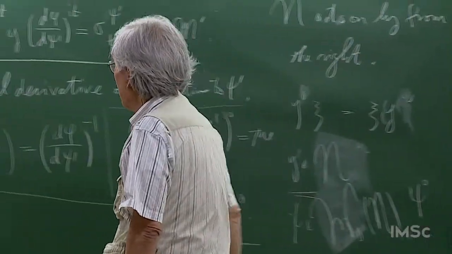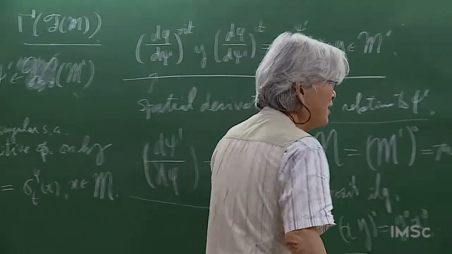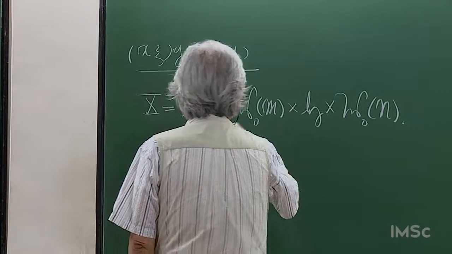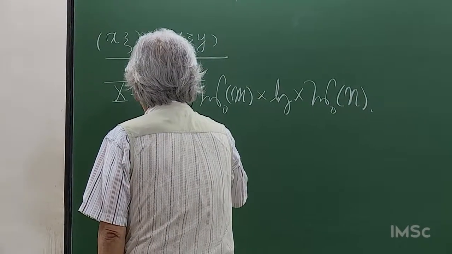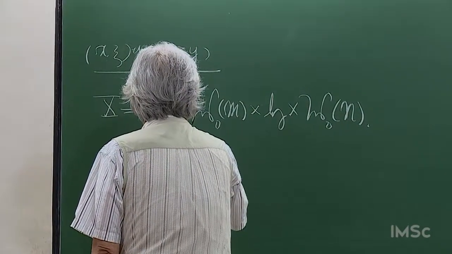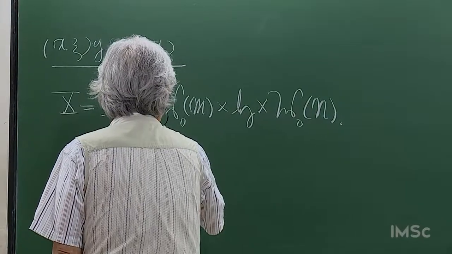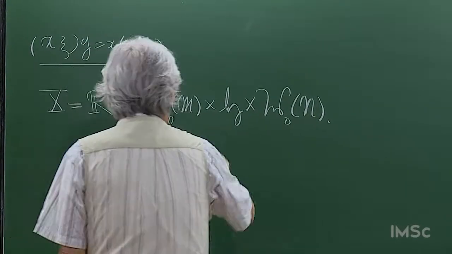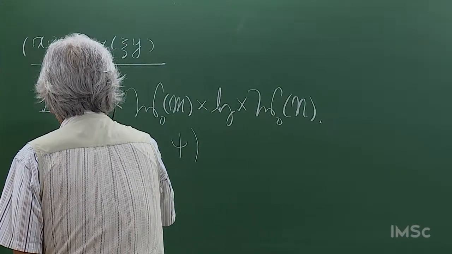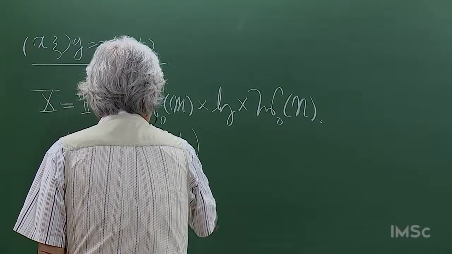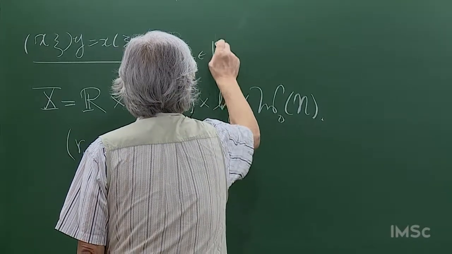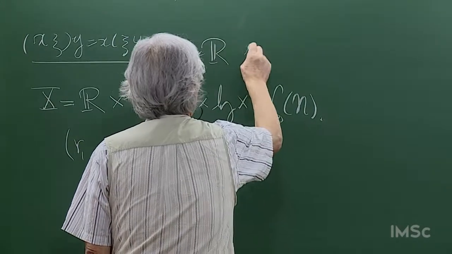So we have the element r, phi, xi, psi as a point, and the equivalence relation, with T fixed, just like yesterday.